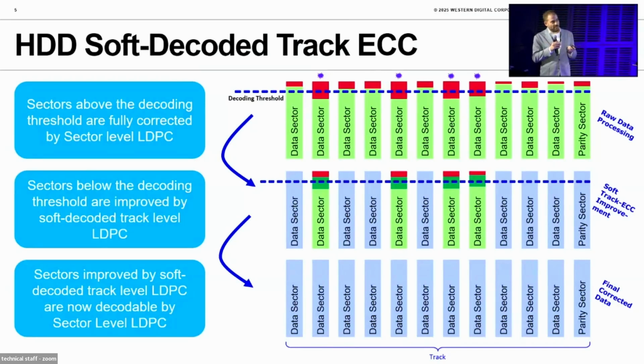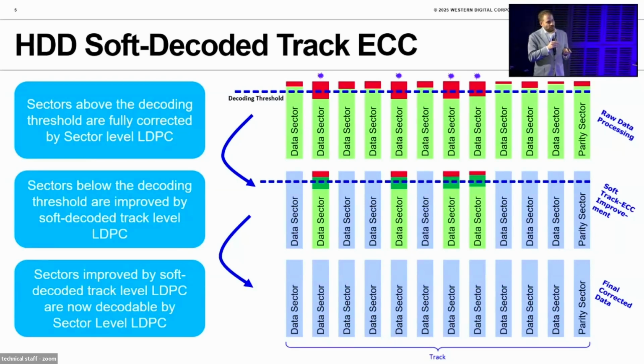But down the track, all the way at the end, we will assemble all these data sectors, pull out parity, and also add an additional parity sector to the disk, which is in itself its own LDPC code word. When we go through our decoding today, we have a particular threshold based on our code rate that's targeted for HDDs. So what we'll see is we might have sectors that are in error that we can't decode on the fly.